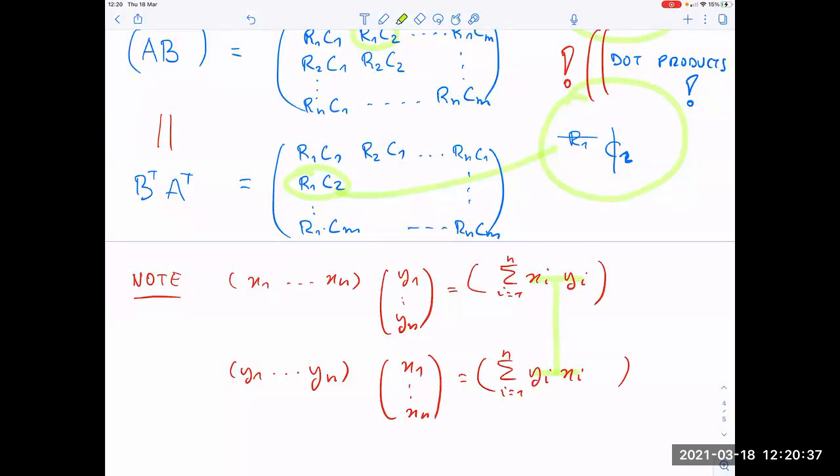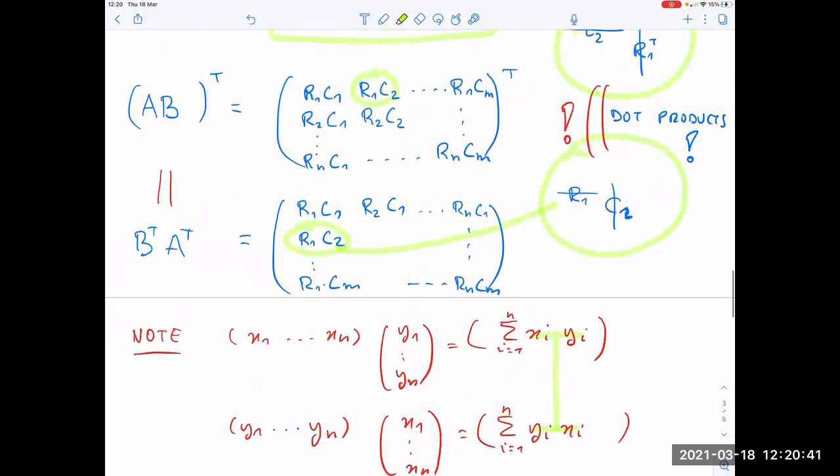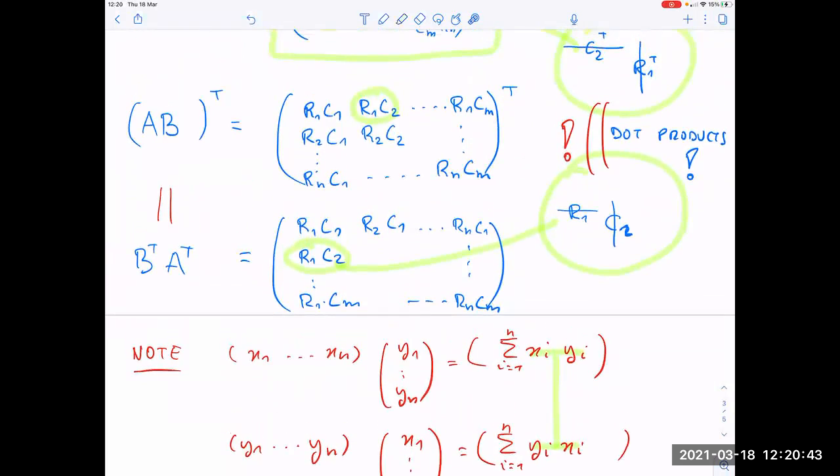Amos Lanzuisi, yes, basically, this note comes from here. Why is this equal? Imagine C2 transpose is this one, and R1 transpose is this one. When you do the other one, you are just exchanging the role of Y and X. When you compute this dot product, you are computing this summation, first times first, second times second, and so on.